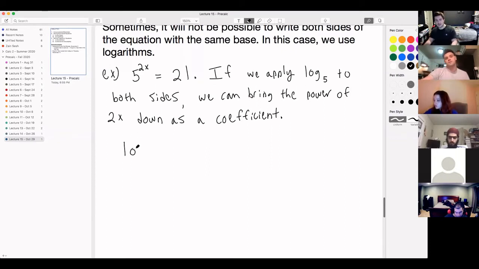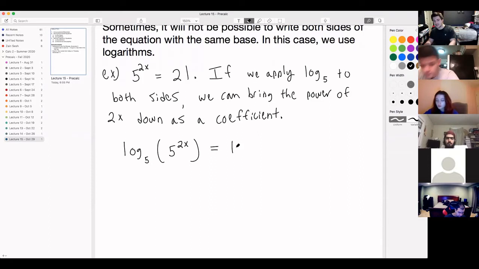So I'll have log base 5 of 5 to the 2x. So that's me applying log base 5 to the left side, and I need to also apply it to the right side. I'll get log base 5 of 21.